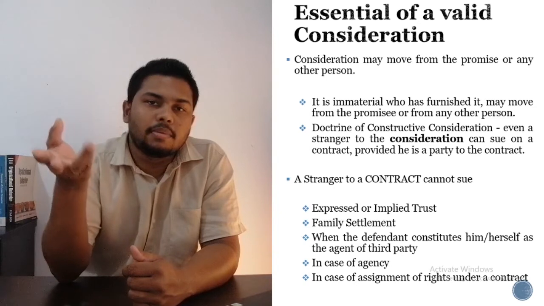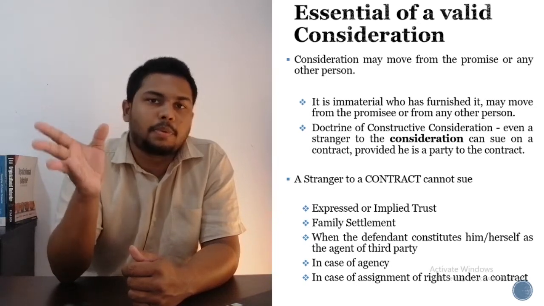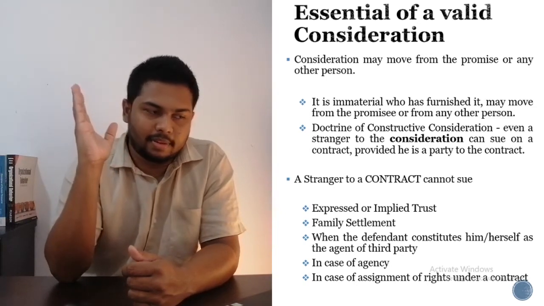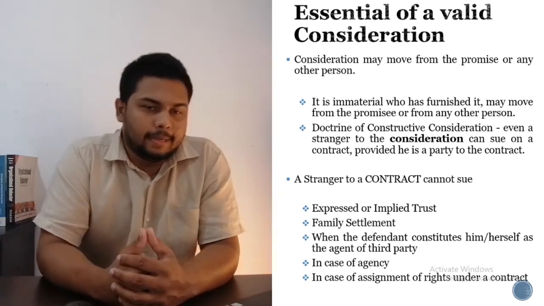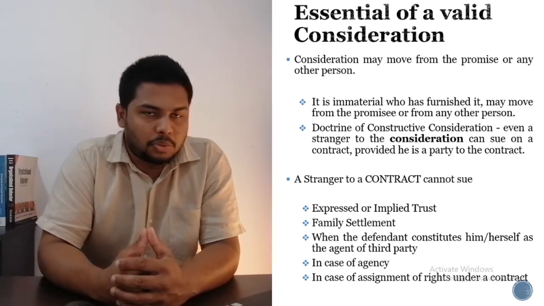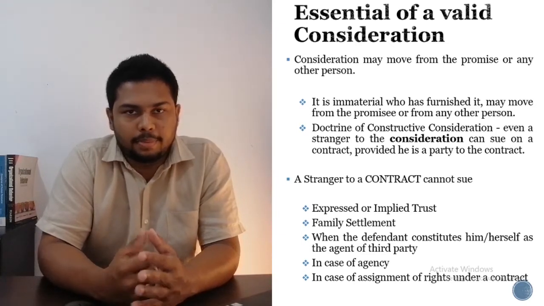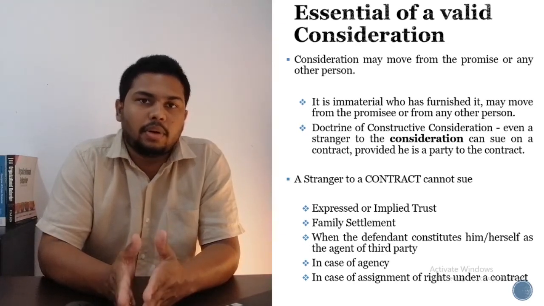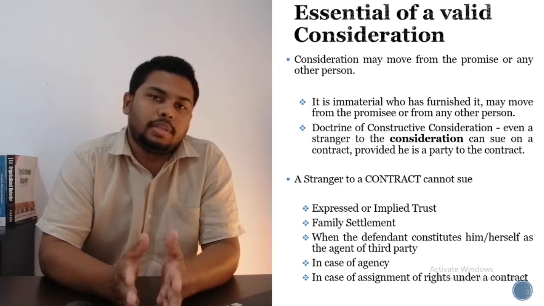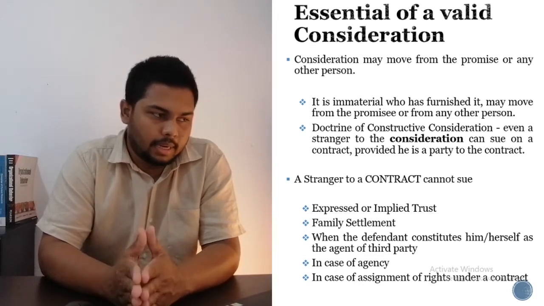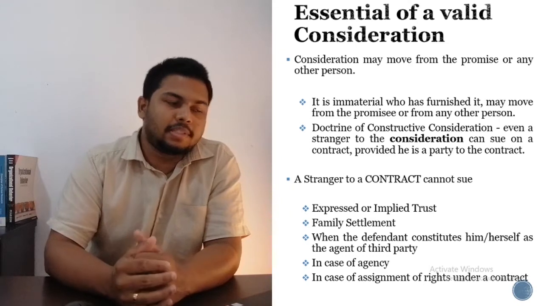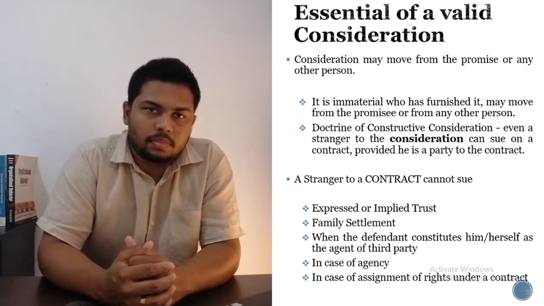Anyway, it has to be moved from the promisee to the promisor. It's also important to know that strangers cannot sue over contracts. If a person is a stranger to a contract, he or she cannot sue the other party. So, the doctrine of constructive consideration is also there.